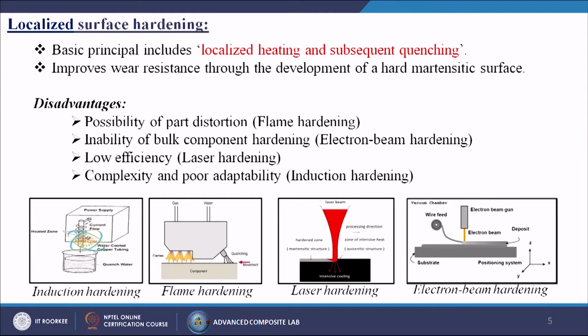So there are several methods by which we can do localized surface hardening. One is induction hardening, then flame hardening, laser hardening, and electron beam hardening. From these figures you can understand that we are heating the material, but the means are different.